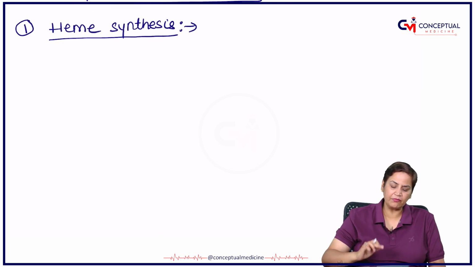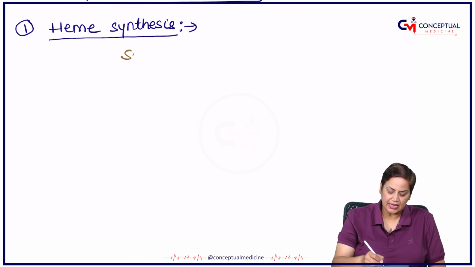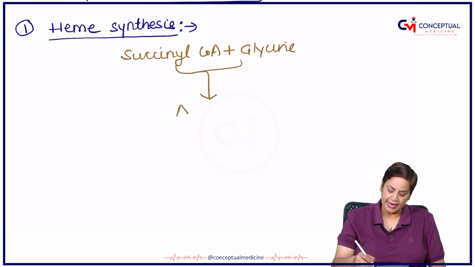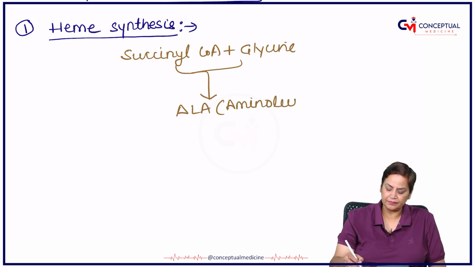So if we talk about the first reaction, it is when succinyl coenzyme A combines with glycine and it forms ALA, which stands for aminolevulinic acid.